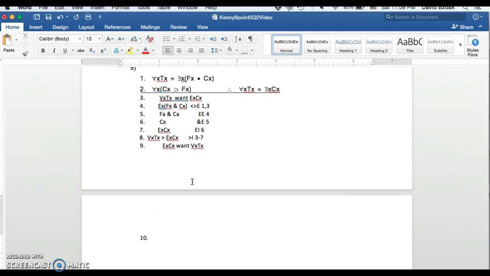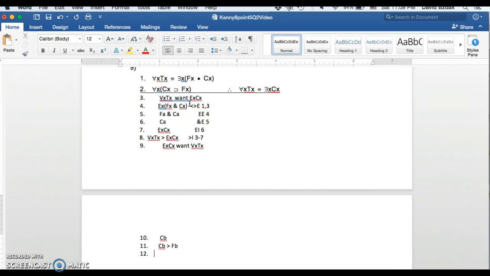But since I'm running out of time, I'll just explain. So now you do again, you'd get C, well, use CB since we already used A. Then you do CB, then FB by universal elimination.